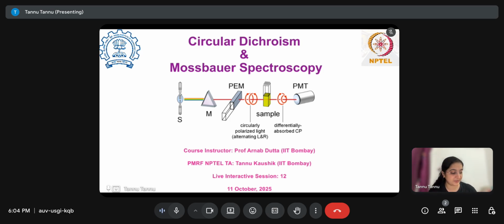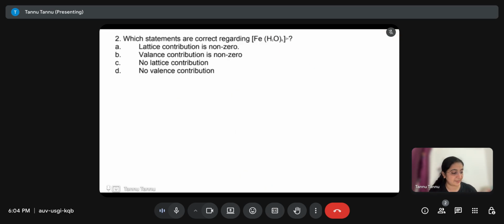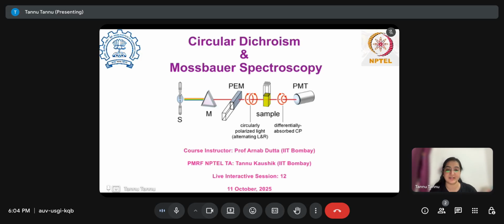We will be solving some questions today. And before that, I'll be discussing this topic, which we call mixed valence complexes.